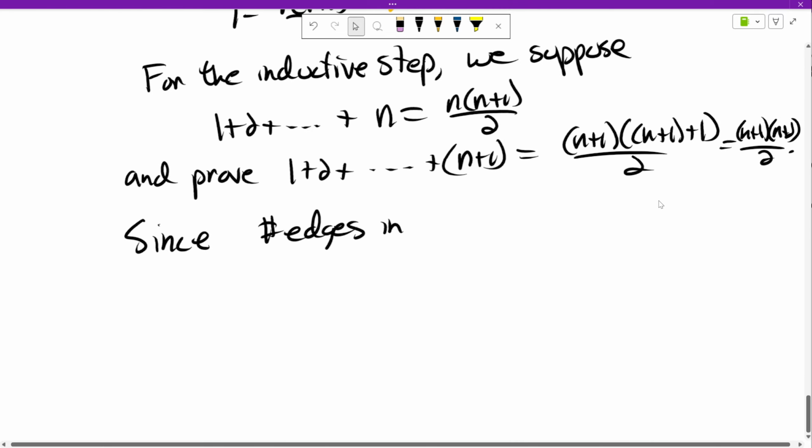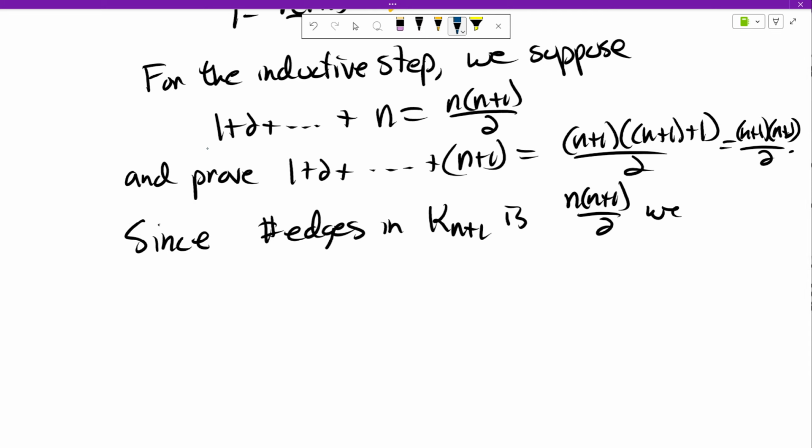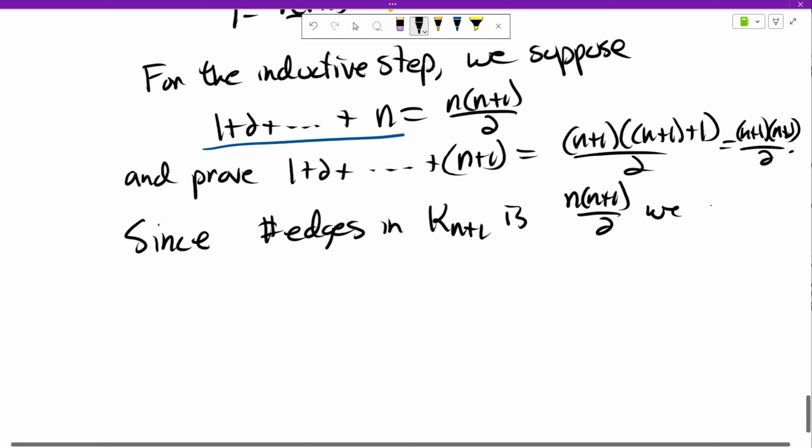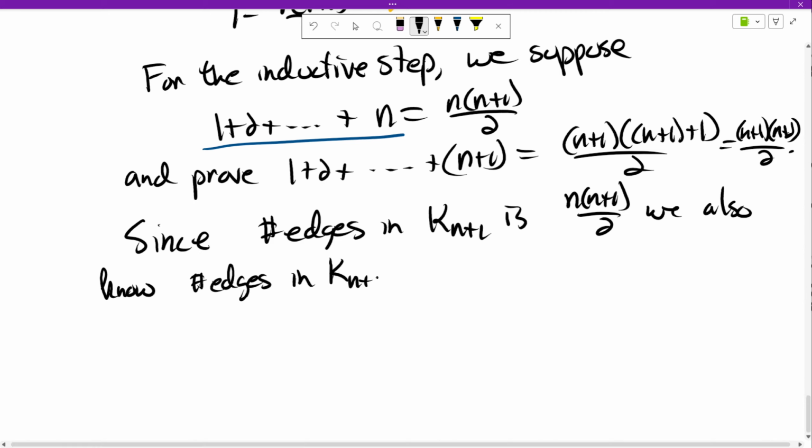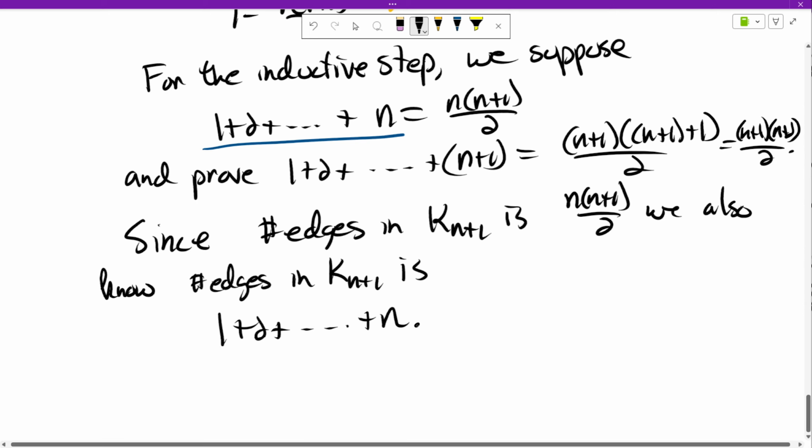Since the number of edges in K n plus 1 is n times n plus 1 over 2, and we know that n times n plus 1 over 2 is equal to this expression, we also know that the number of edges in K n plus 1 is this left-hand side. That represents the number of edges as well, because that formula holds.